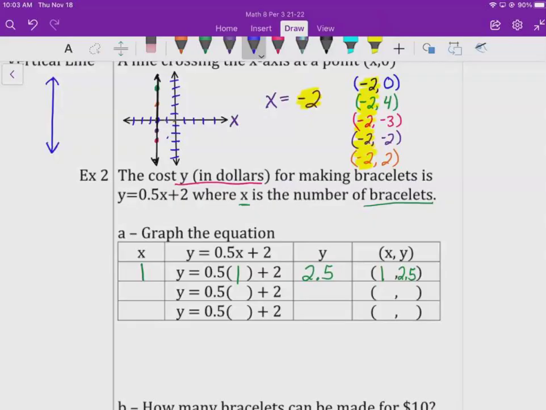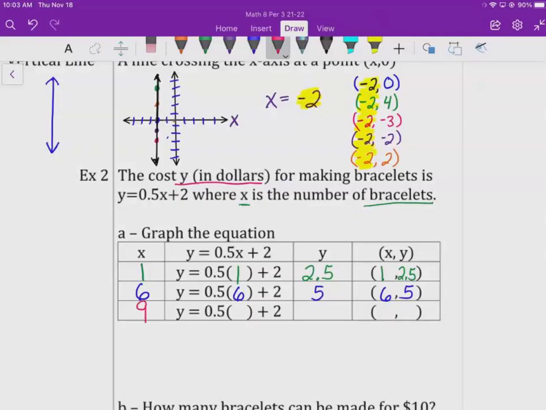Let's say 6 bracelets. So we plug in a 6. 1/2 times 6 is 3, 3 plus 2 is 5. Oh, that's much prettier. So 6, 5. And then let's try 9.